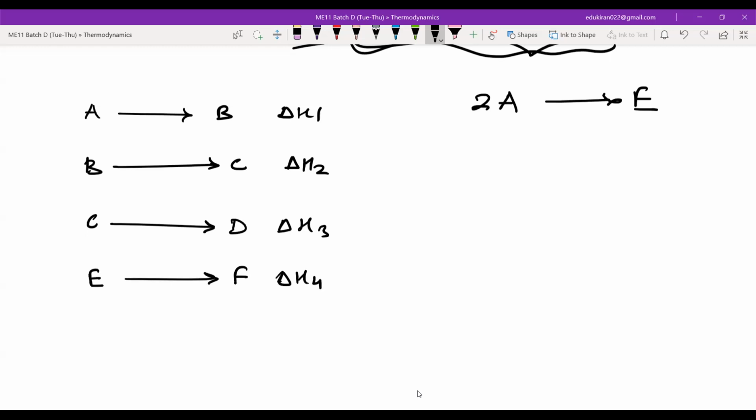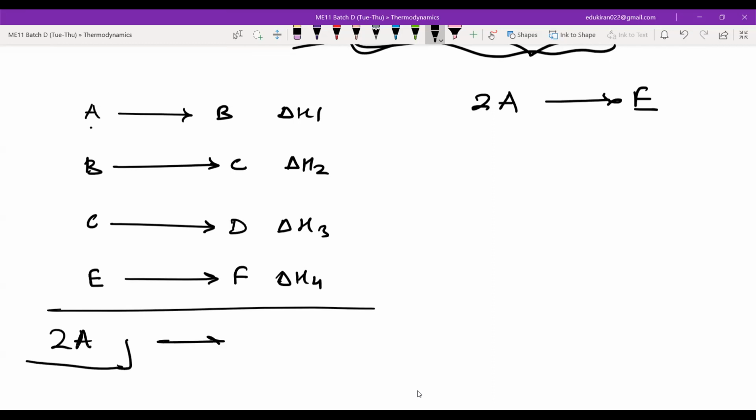Now, in this case, if you are going to add them up, then you are not going to get, because on the reactant side you should have 2A giving me E. If you add this up, all of these things will get cancelled, but you will not get 2A giving me E. So you will have to make some changes.